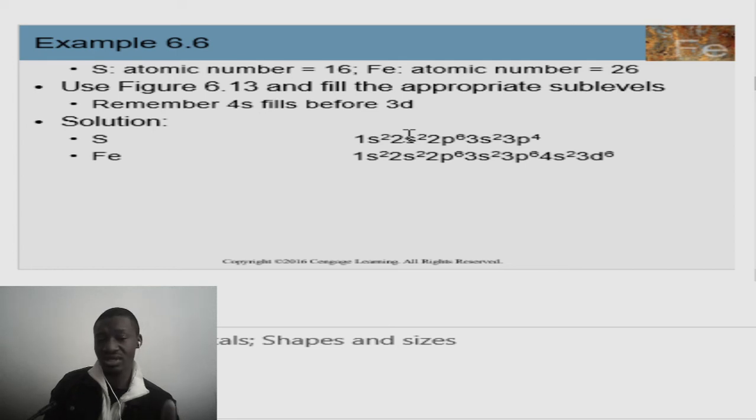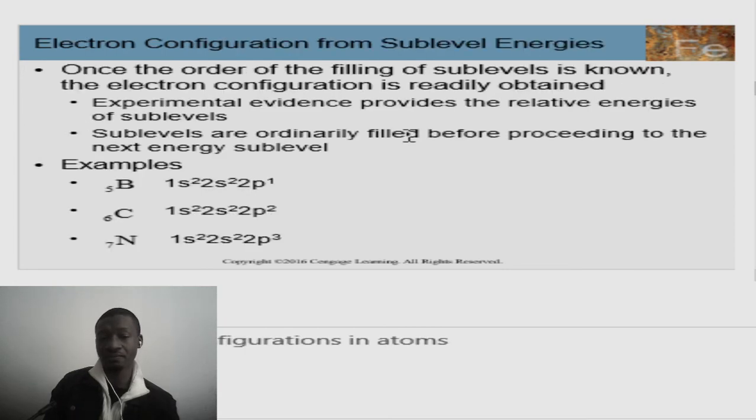So this is how you write or draw the electron configuration from sub-level energies. Once the order of the filling of the sub-levels is known, the configuration is already obtained.